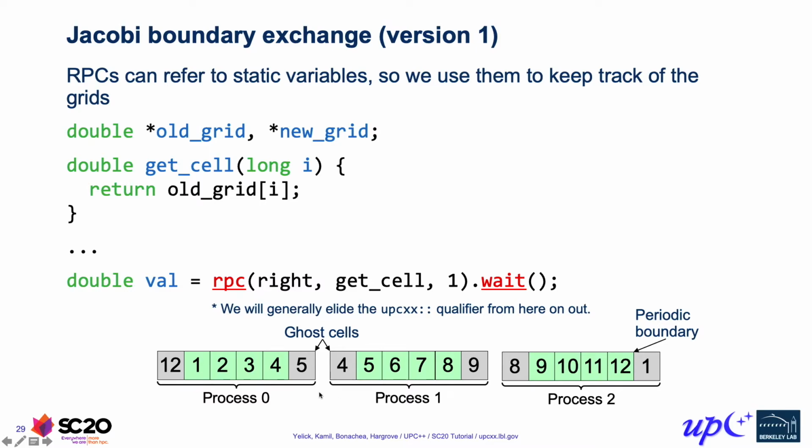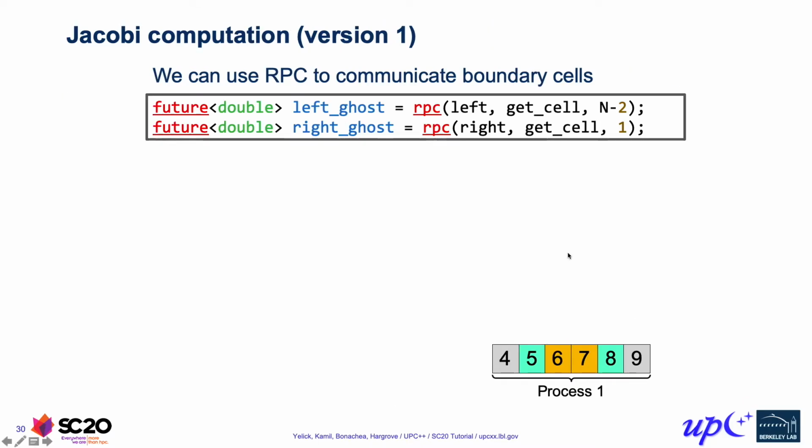Okay, and similarly, on the other end, if n is the size of the local grid, then n-2 gives us the right edge of our neighboring process over to the left. So putting those two together, here we're launching RPCs to both of our neighbors. Again, the n-2 element of our left neighbor and the index 1 element of our right neighbor. Now we can launch these RPCs at the beginning of an iteration, and here we're overlapping those two communications.